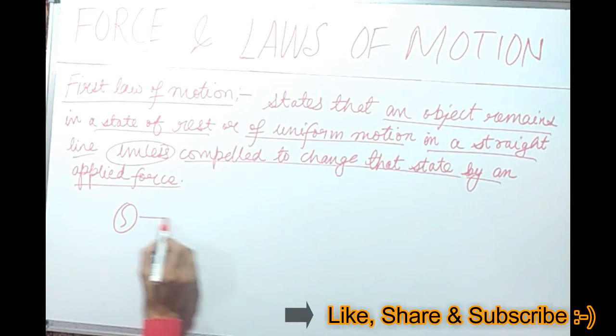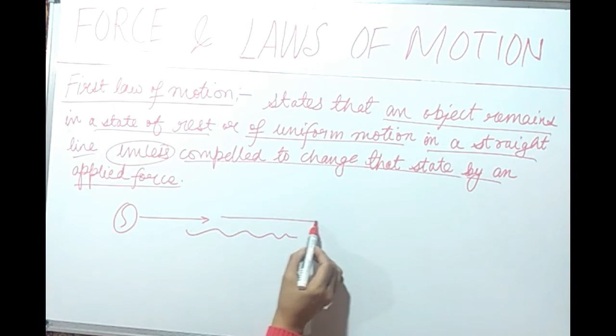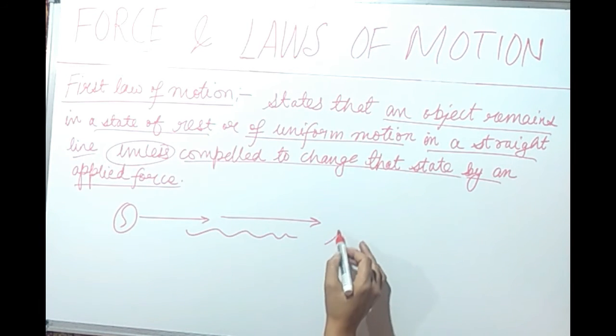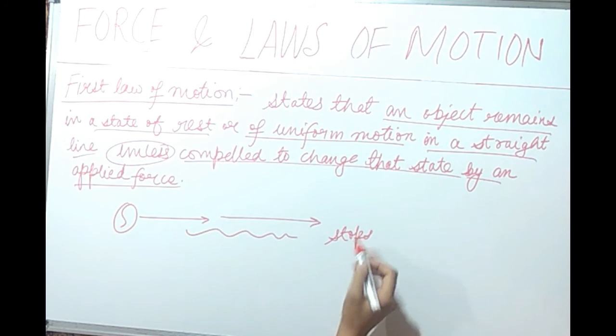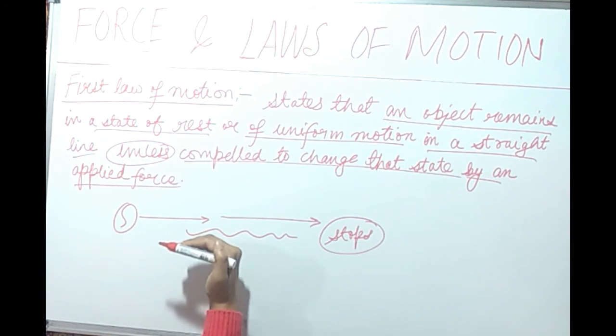Suppose we throw a ball. It keeps on moving for some distance and after traveling some distance, it finally stops. Why does it stop? Because there is a frictional force opposing the ball's motion, acting in the opposite direction.